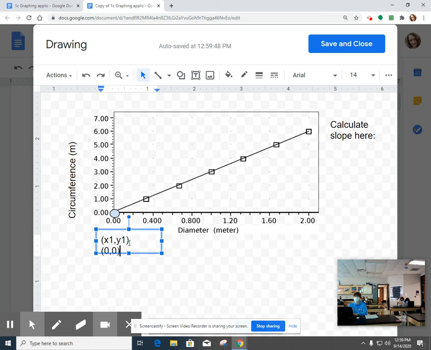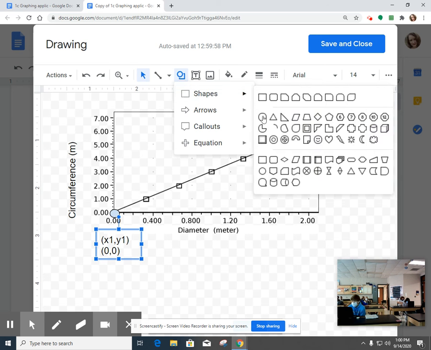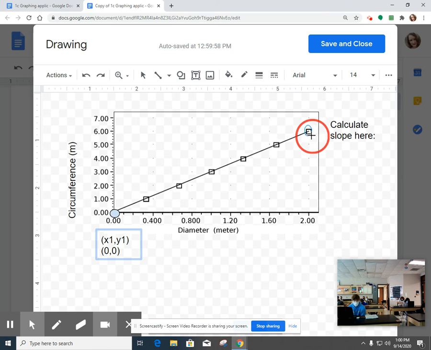True story? Okay. Coming back over to Britton. What would be a good second data point? Make one that you can see both numbers really easy. 6 and 2. 6 and 2 is a great one. So I'm going to go with my circle again. I'm going to highlight that guy.